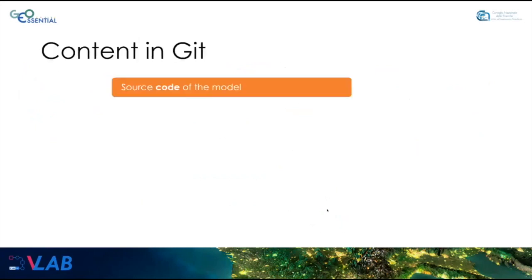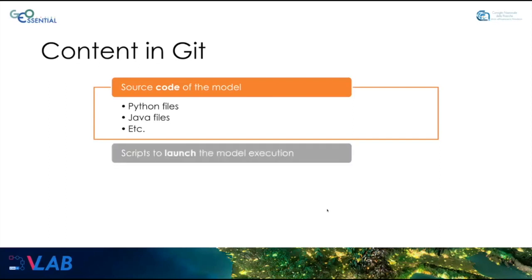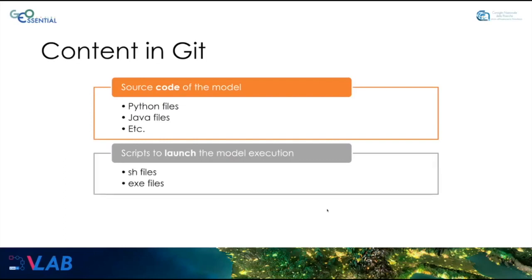So what will be in Git? Of course, the source code of the model. This can be Java, Python, R, MATLAB, whatever. The scripts which are needed to launch the model execution, SH files, exe files, and so on.